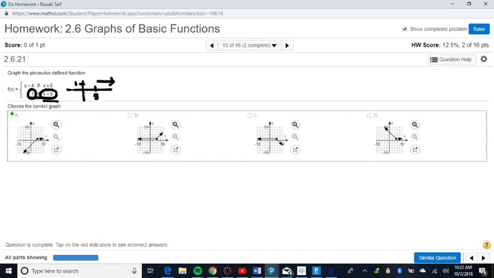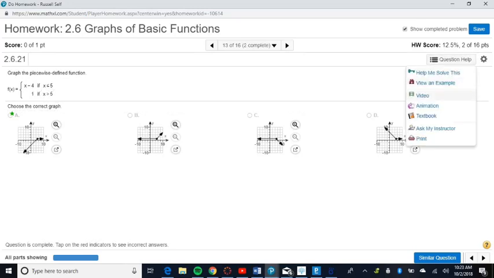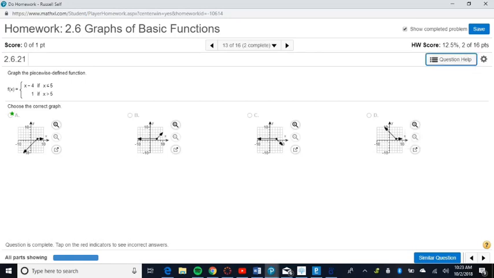You might also, I'm not sure, but let's look in our question help. Yeah, there's a view an example, help me solve this, and a video on this one, so you're going to get a lot of little aids there. If I'm not giving you enough information, find it for yourself. It's definitely there.